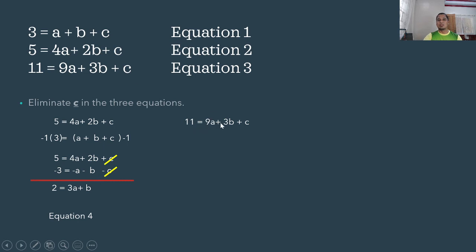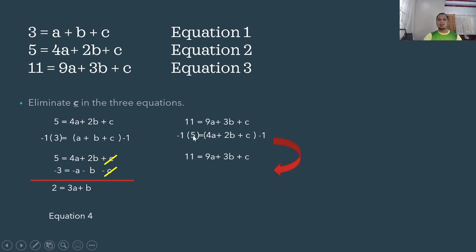11 is equal to 9a plus 3b plus c. You can partner it with any one. You can mix and match. But what I do is partner it with the nearest one. So, this is what I will use. Again, if you notice, our c is also positive. So, we will just copy what we have done on the other side, multiplying both sides by negative 1. With that, this one will be copied.